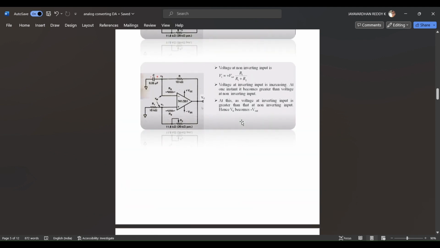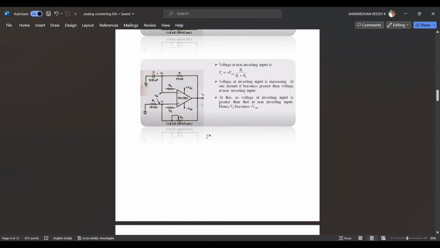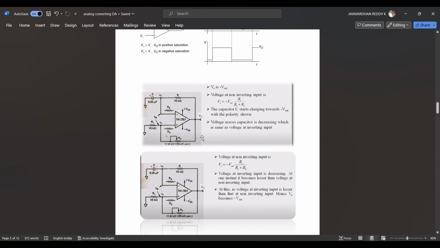So in this case, we get a negative saturation voltage at the output of the comparator. Now, this negative saturation voltage is again fed back to the non-inverting terminal of the comparator. Now, the voltage at the non-inverting terminal changes to minus Vsat into R1 by R1 plus R2.